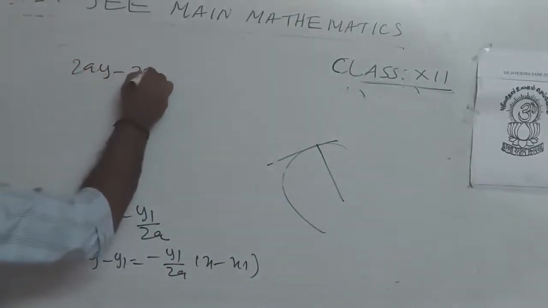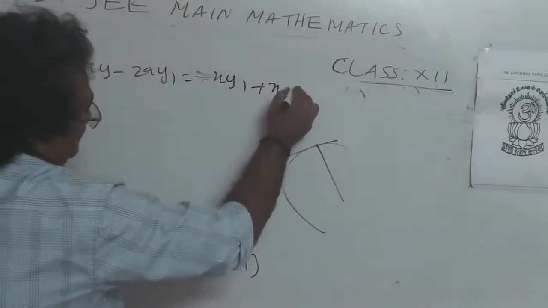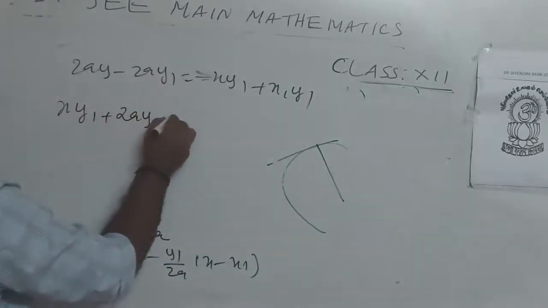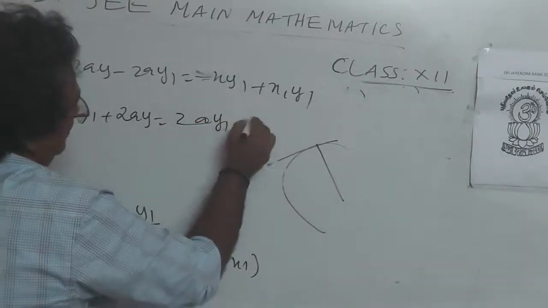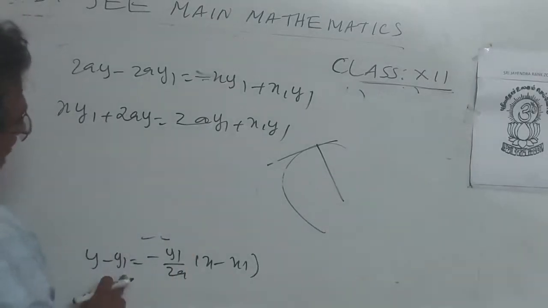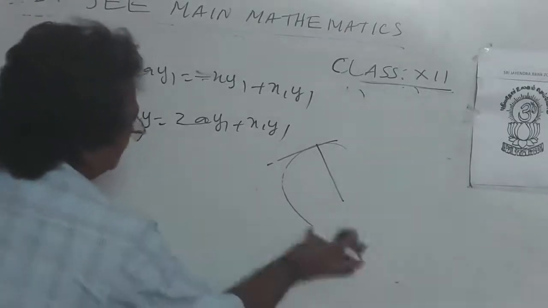So 2ay minus 2a y1 equal to minus x y1 plus x1 y1. Or simply the equation of normal is y minus y1 equal to minus y1 by 2a into x minus x1. This is the normal.